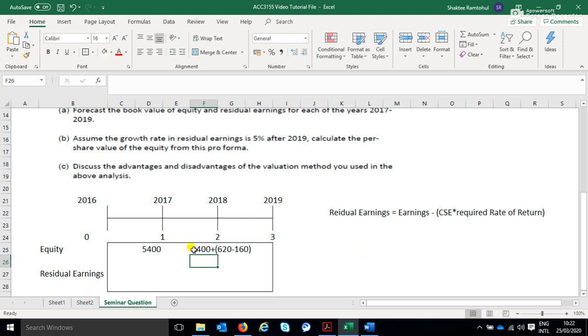That would be our equity figure for 2018: 5,860.